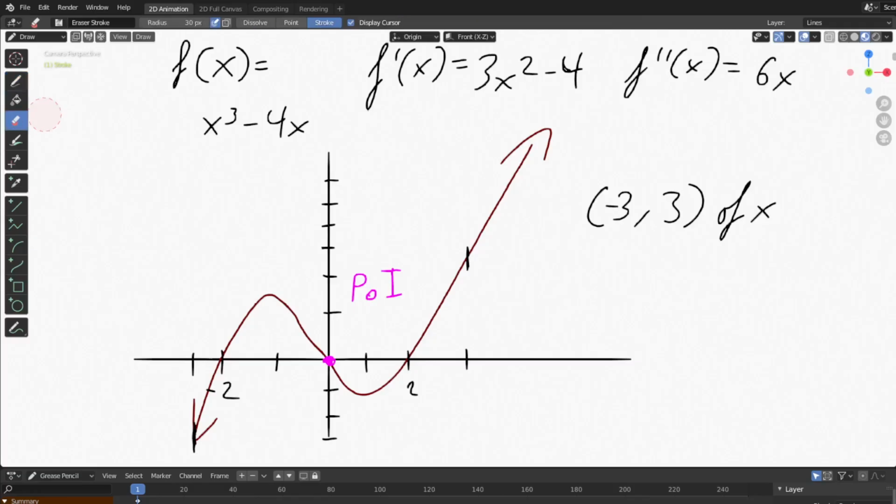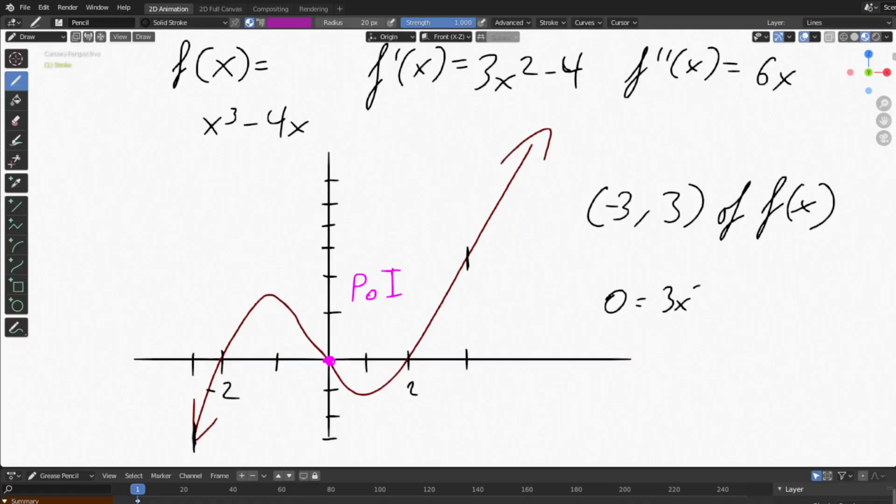I don't know how to write that out. So what we're looking for is where this equals 0, meaning that we'll have to find where 0 equals 3x squared minus 4 divided by 3.